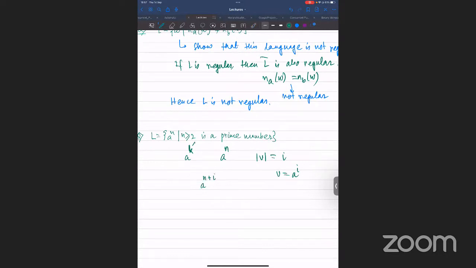Pump it twice, n plus 2i. You are trying to prove that this language is not regular. So you have to find an i. Does there exist an i such that the resultant word is exactly n plus n*i, right? It is not prime. It is not regular, correct? Clear?